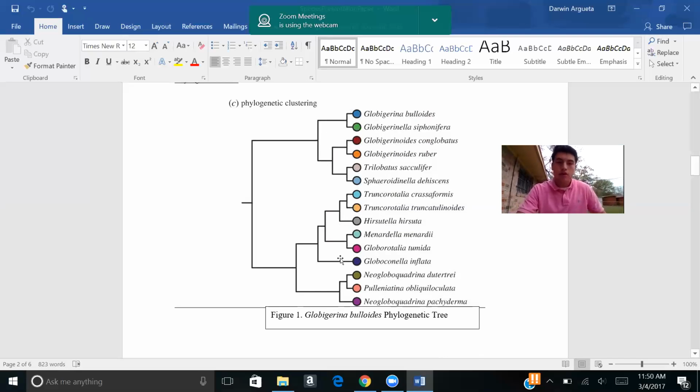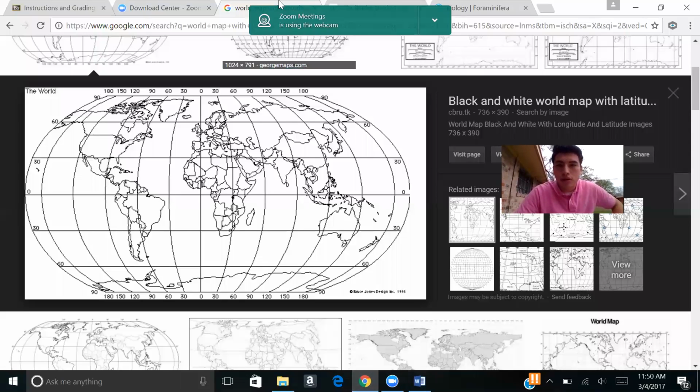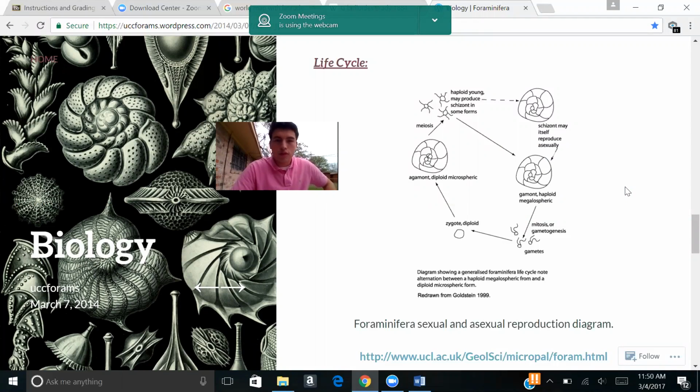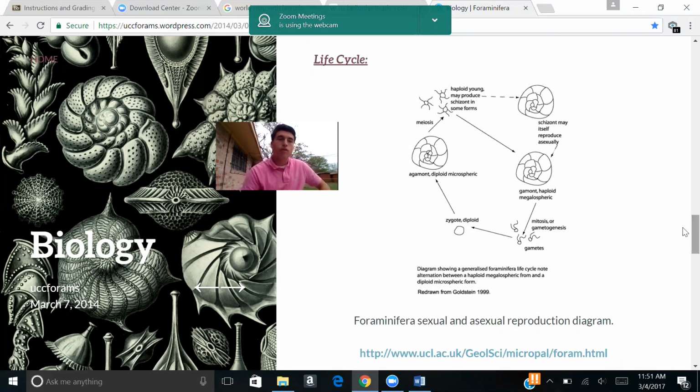Okay, and last but not least, we're going to look at this species' reproductive cycle. Okay, here we go. So this species actually reproduces both sexually and asexually.